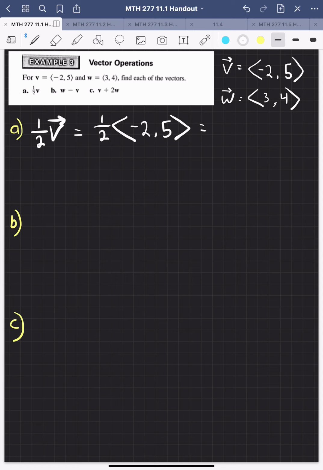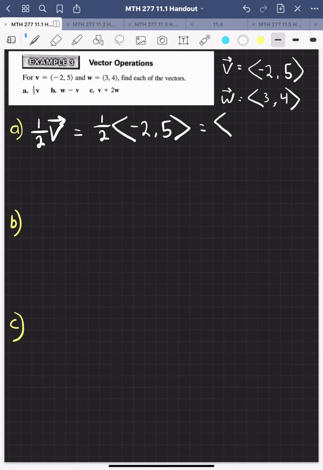We take half of the x component and half of the y component, and the result will be a vector maintaining the same direction. It's still moving in the same direction, only the magnitude is now cut in half.